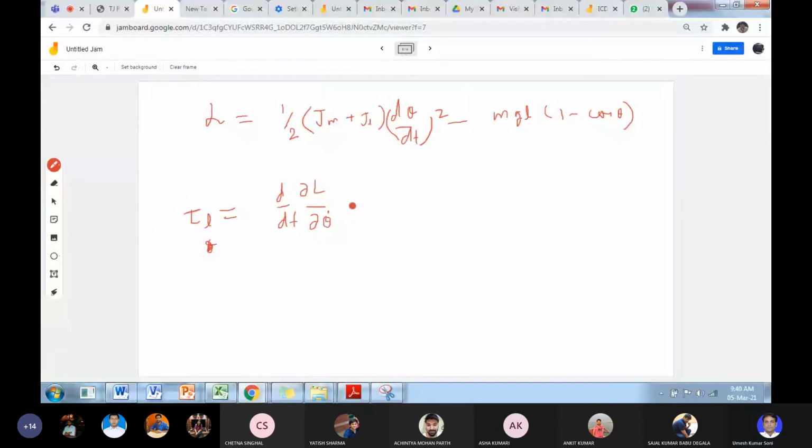Okay, because we are determining the torque, we will use theta dot. If we were determining the force, then we would use y dot or x dot. This is the position and this is the angle. So the total torque is given by this, minus del L upon del theta.